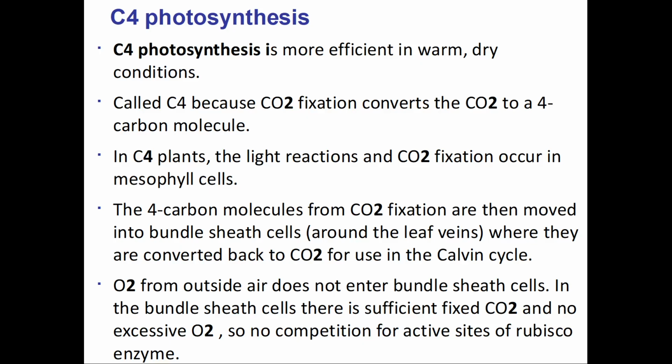C4 photosynthesis is more efficient in warm and dry conditions. It's called C4 because CO2 is fixed to a 4-carbon molecule. In C4 plants, light reactions and CO2 fixation occur in the mesophyll cells. The molecules are then moved to bundle sheath cells around the leaf veins, where they are converted back to CO2 for use in the Calvin cycle.